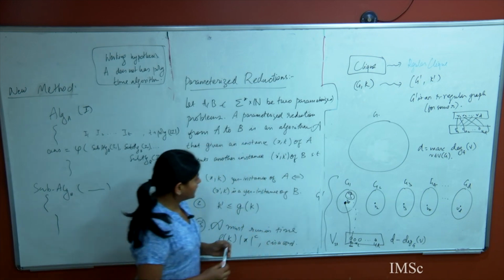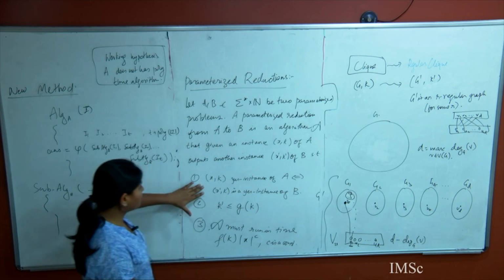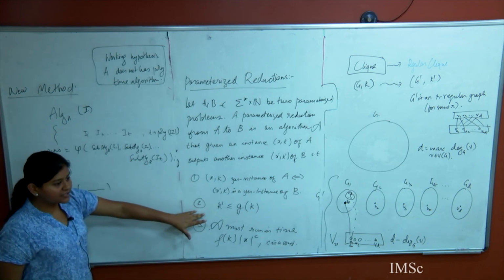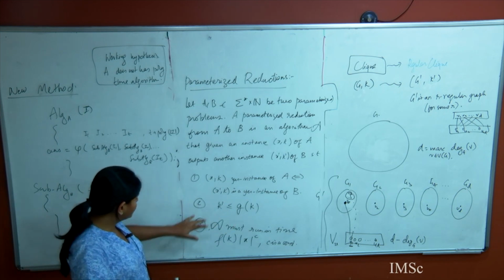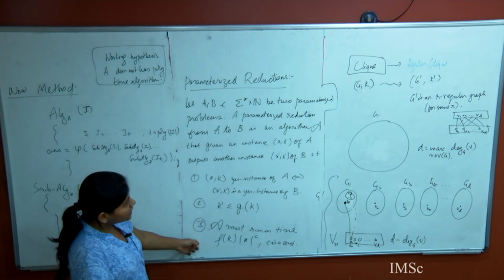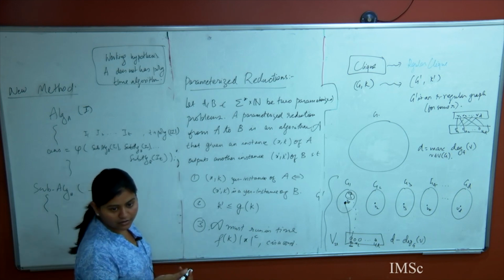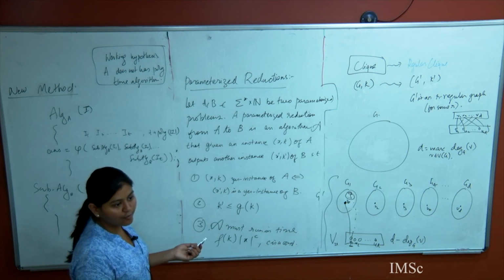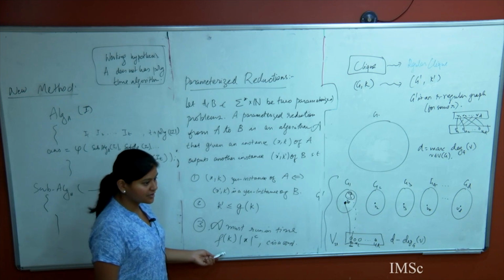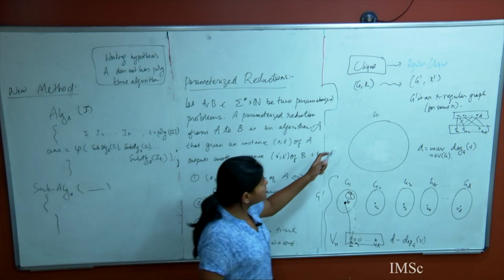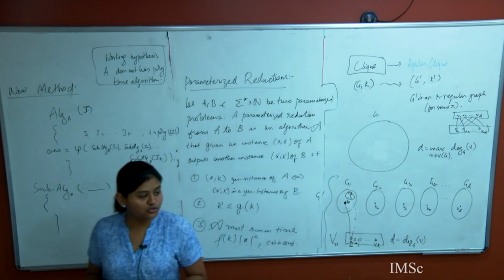The parameter was the same, because k and k prime are exactly equal, and it runs in polynomial time. Degree is at most n, and you are creating at most n copies, so this is a polynomial time procedure. This is why you can show that regular clique is as hard as the usual clique.